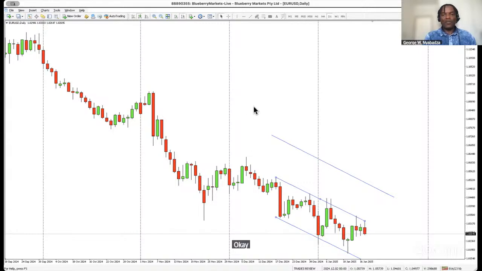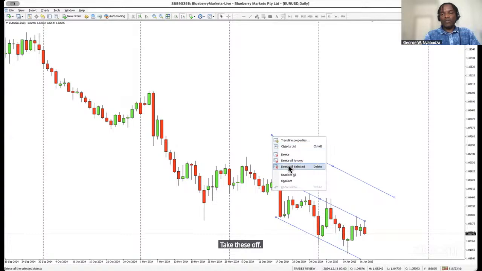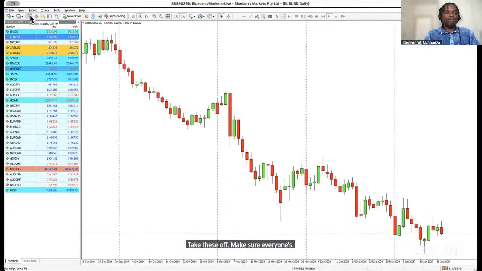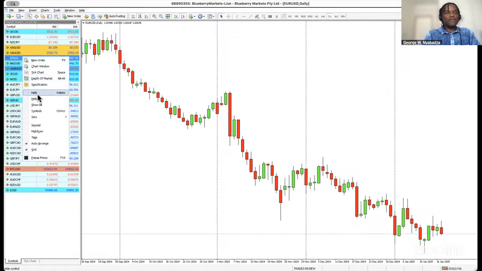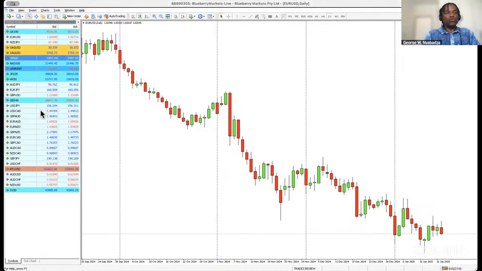Okay, let's have a look. New Zealand dollar. Let me take these off. I'm sure the guys will say, jeepers, George is so slow, man, this is a better way, just type this or do that.